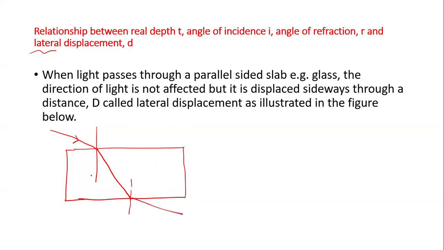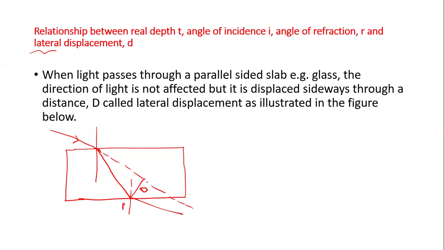But its initial path, light was going to just move straight like this, had there not been any surface to block it. At this point here, I want you to take note: from here up to here, the initial direction it was taking, and this distance from where it has emerged is what you call the displacement, or the lateral displacement, the sideways displacement. That's what we call the displacement.